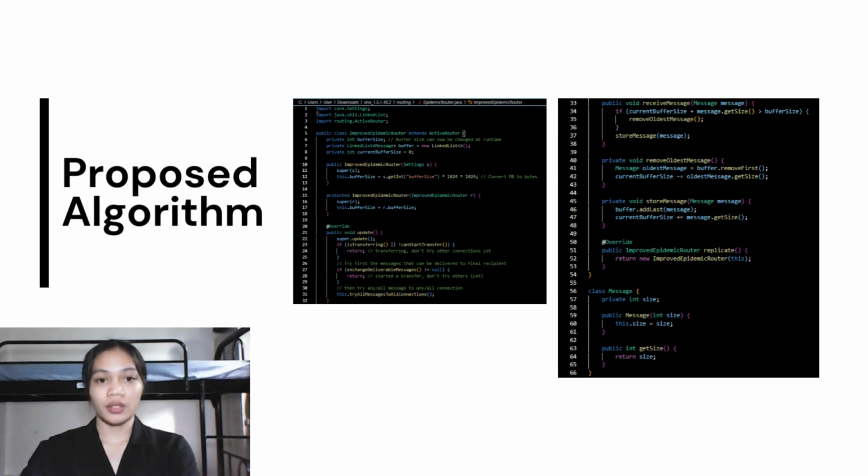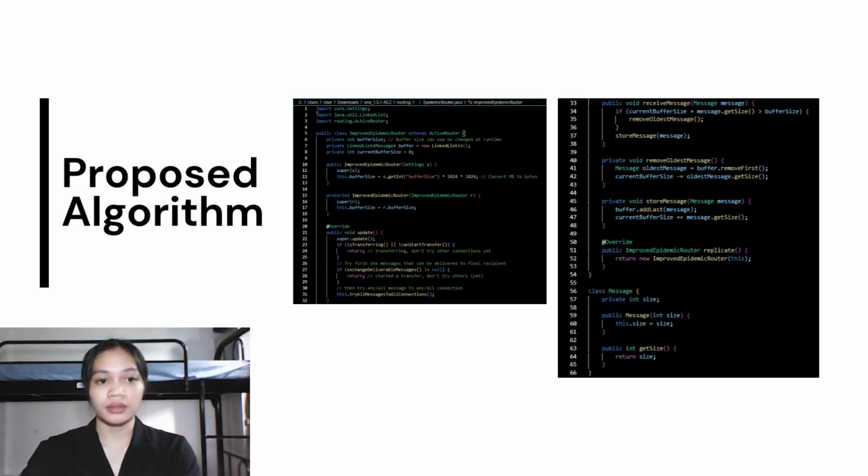This is a Java code snippet that appears to be part of a class named ImproveEpidemicRouter, which extends EpidemicRouter. This class has two private variables, bufferSize and allMessage. The bufferSize is an integer that represents the size of a buffer, and allMessage is a linked list that stores message objects.